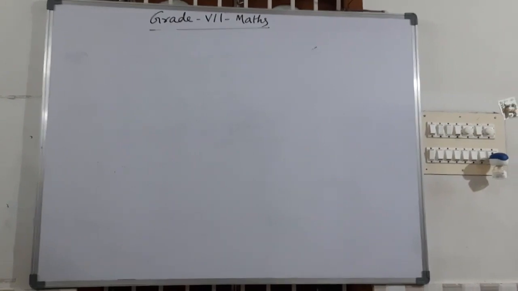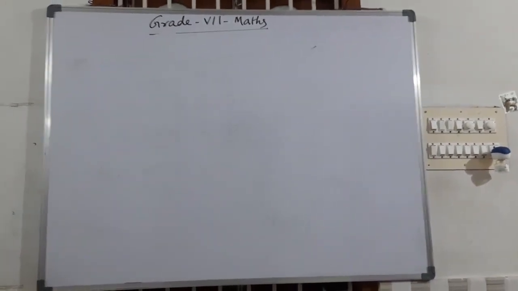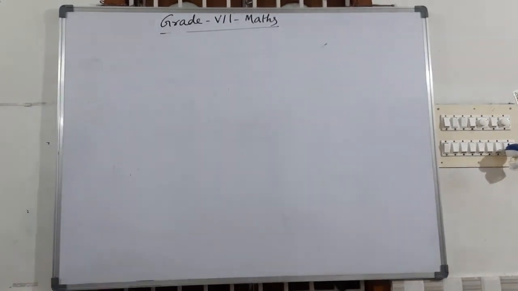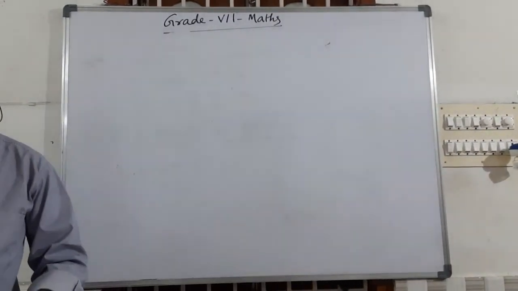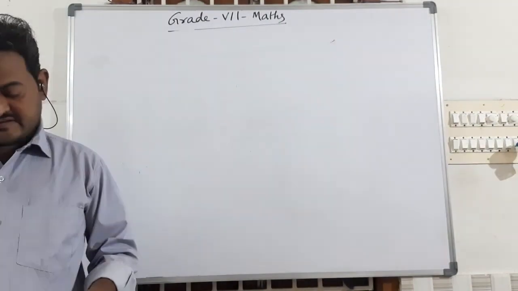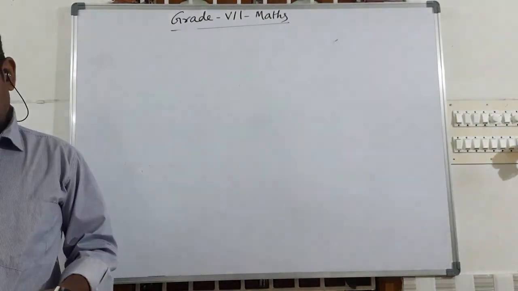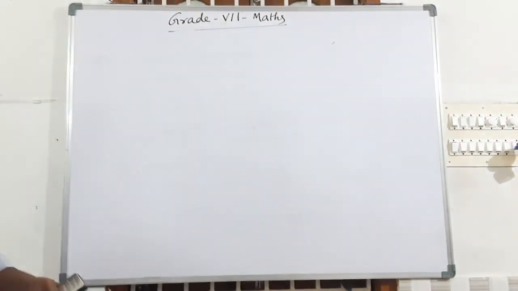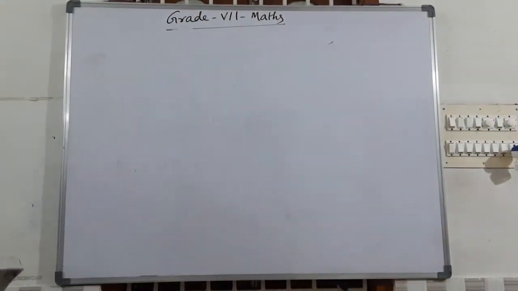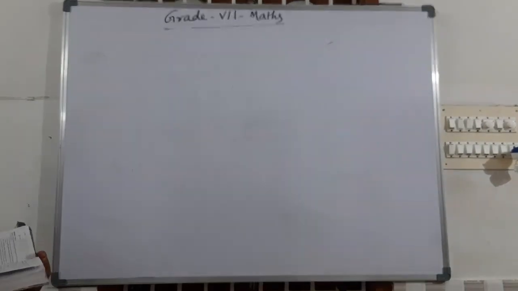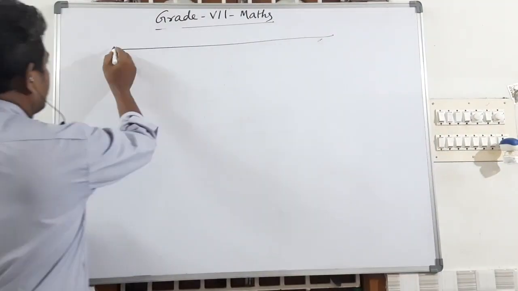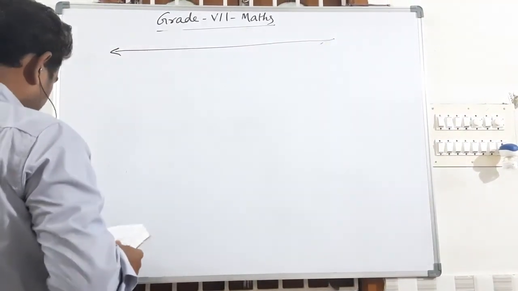They have given the following number line, which shows the temperature in degree Celsius at different places on a particular date. They have 5 places given on the number line.